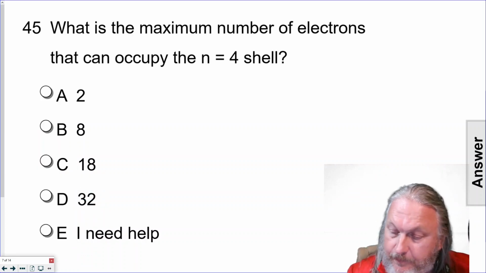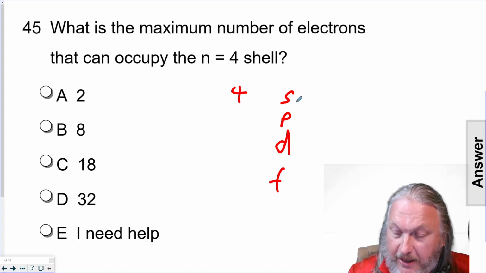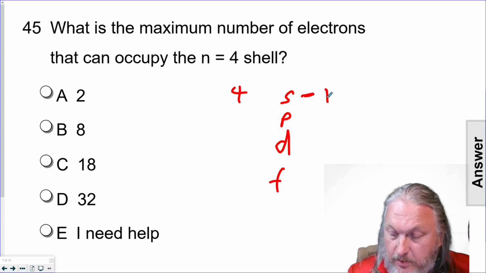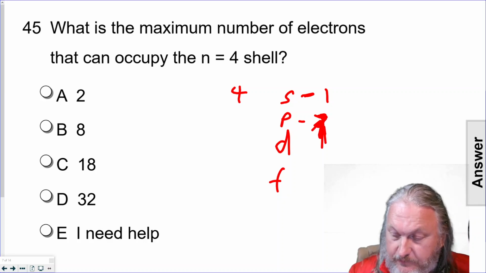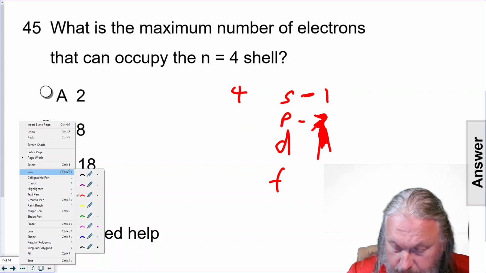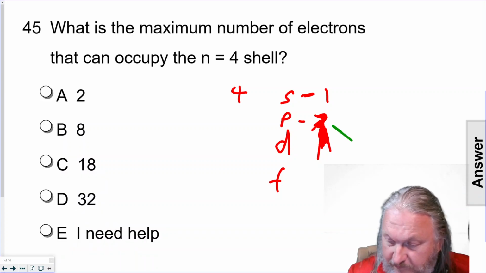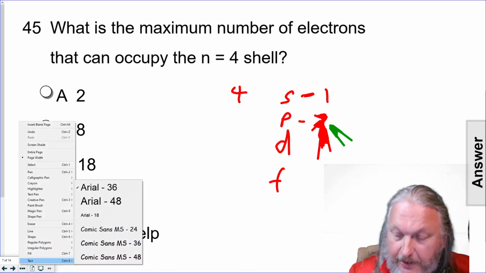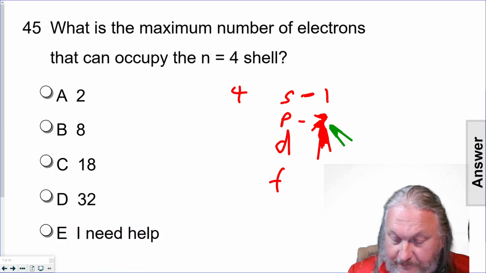The N4, the 4 energy level, I can have an S, P, D, or F. And of course I can have 1 in the S, 3 different p orbitals, 5 d orbitals, and 7 in the F. All right, so I've got 1, 3, 5, 7.